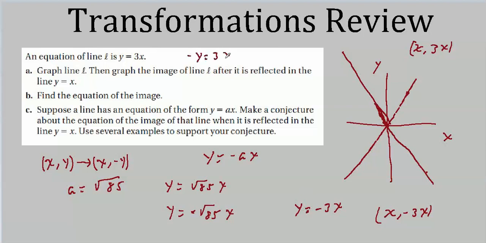That would still give us y equals minus 3x, right? We just multiply each side by minus 1. So you can come up with 15,000 examples if you'd like to, or I would just stick with a. a is any old number, and whatever the number is in front of the x, that's the slope, and the slope just becomes negative. Everything else is the same.